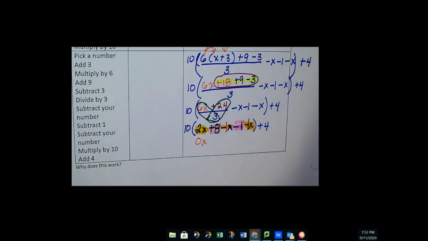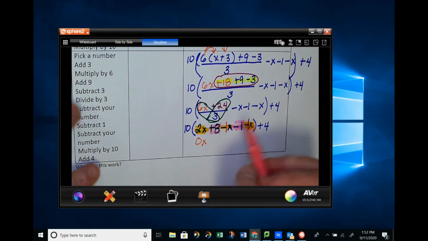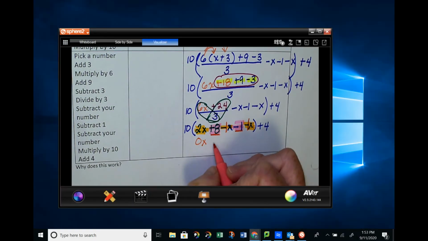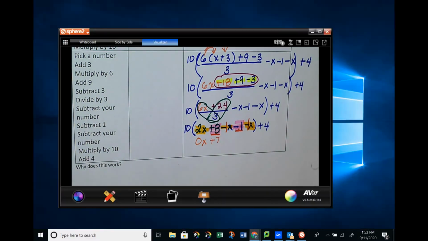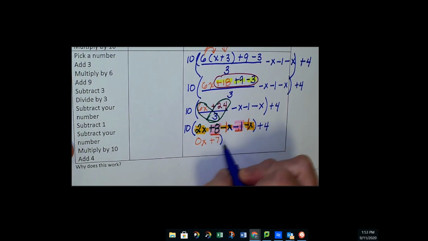The next piece of the puzzle is combining the non-x's. So 8 minus 1 ends up being 7. And then I have all this stuff. I've still got my 10. I'm multiplying that by 10. And then I'm adding 4.